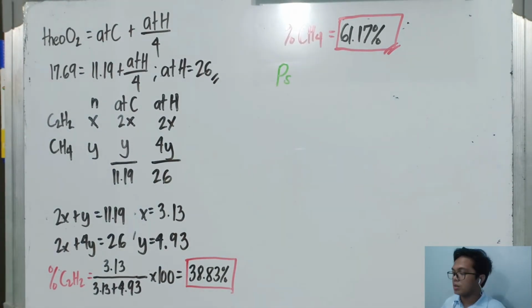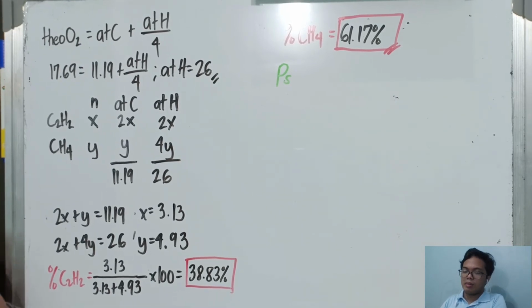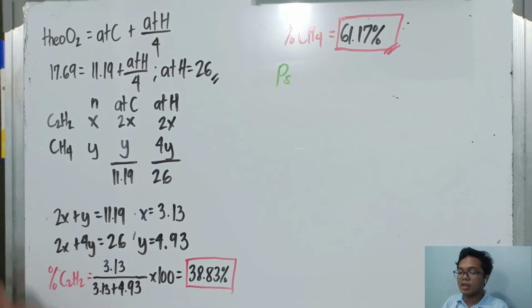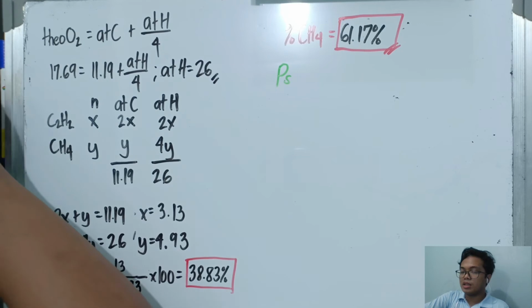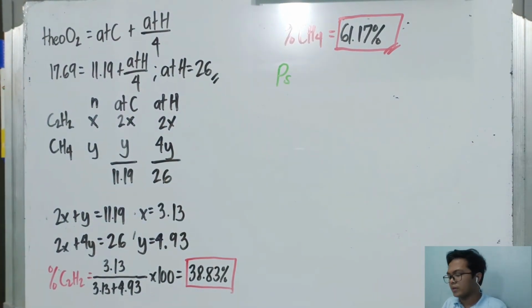So PS, or saturation pressure. I'm not sure if it was discussed in chemical engineering calculations 1, but basically there is a formula to solve PS. There is also a graph, a psychrometric chart, if I can remember correctly, where you can get PS right away just by plotting it using the percentage RH as well as the temperature.